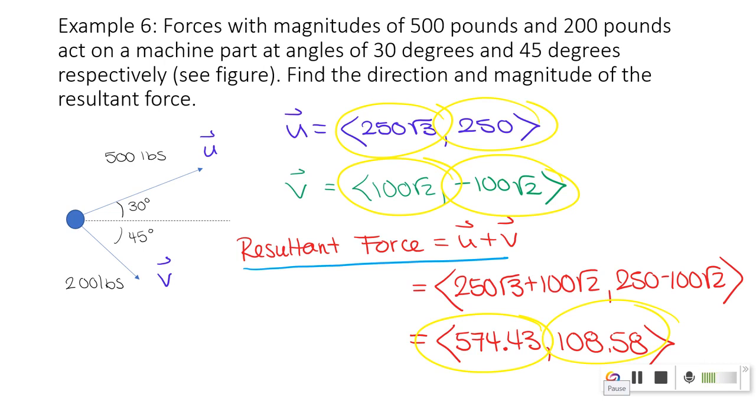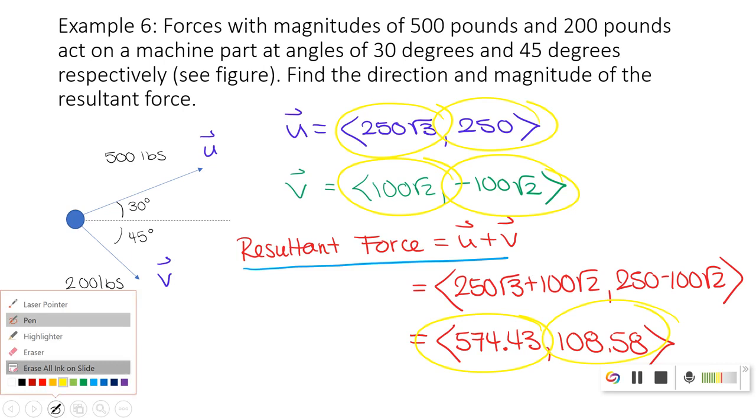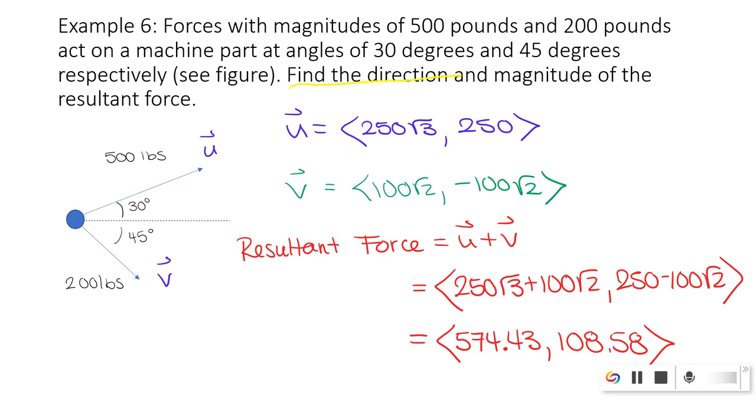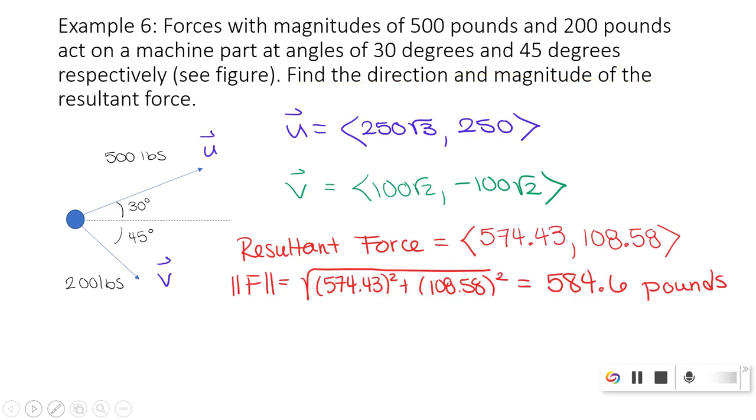The last thing I need to do is find the direction and the magnitude of that vector that I just computed. To find the magnitude, we know that we can take the square root of our components squared.